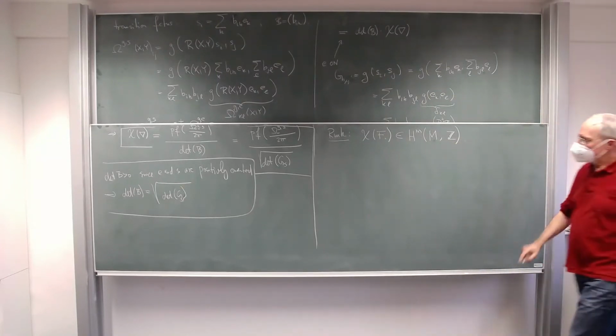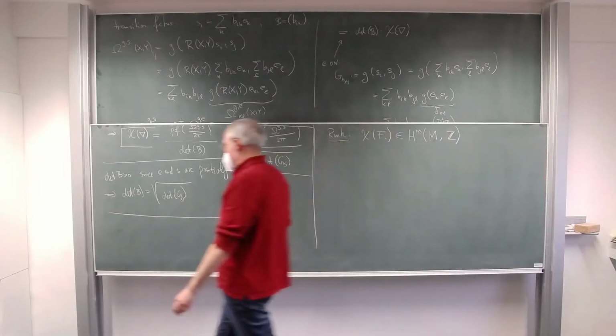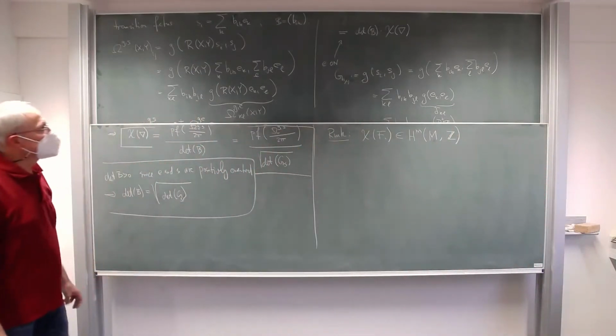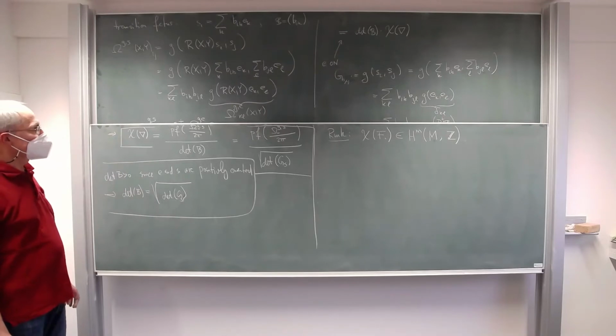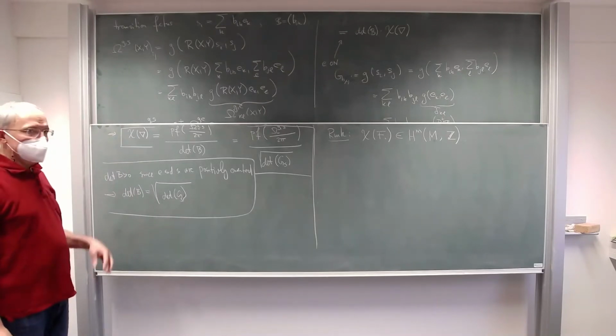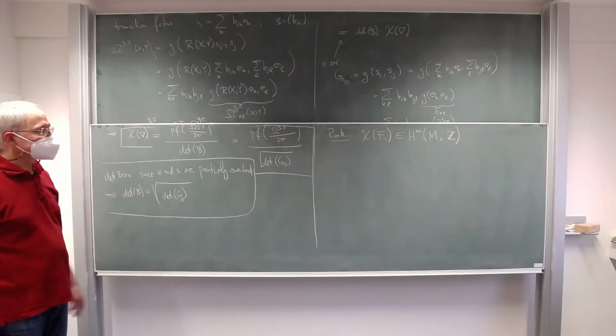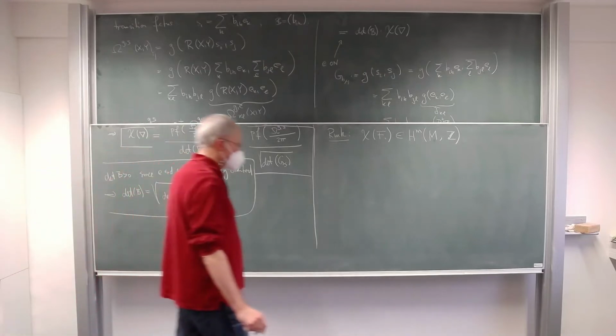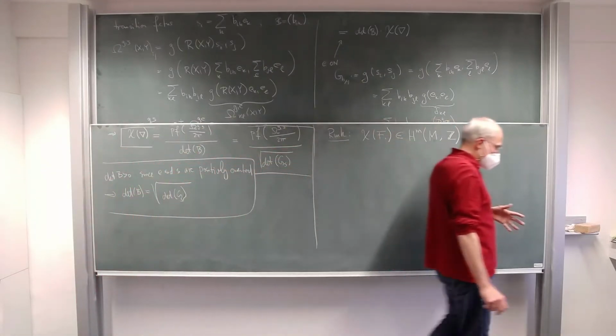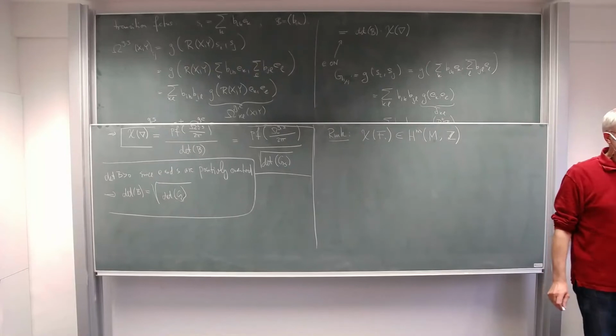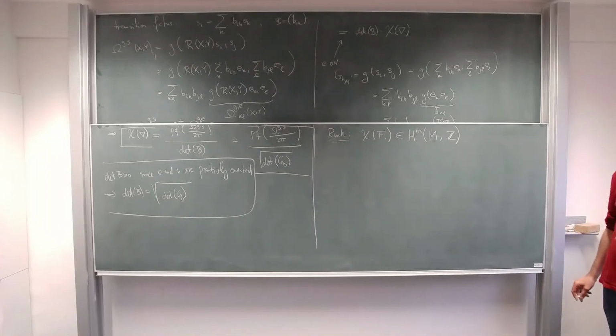From this, once one knows this, one can answer a question that was asked last time, namely, does the Euler class actually depend on the metric of the bundle? It certainly doesn't depend on the orientation, because if you flip the orientation, then the Euler class must get a sign.